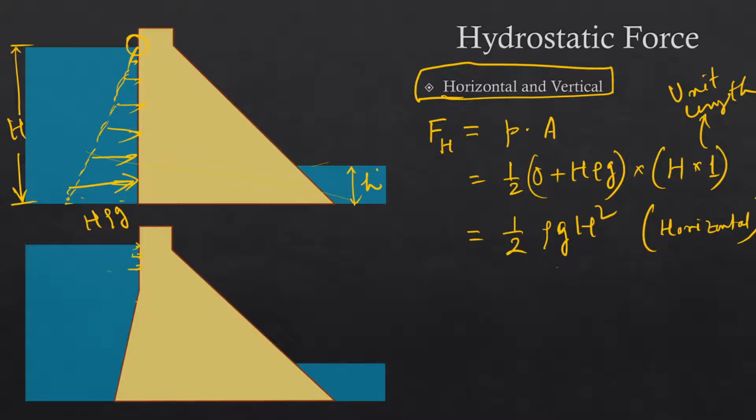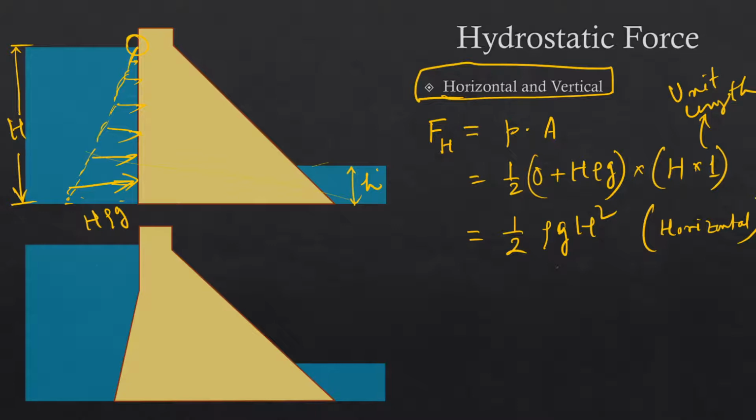It will be like this, the pressure distribution, but on this inclined portion the pressure will be acting normal to that, and therefore its direction will be inclined. But to avoid that complication, what we'll do is we'll simply divide this inclined force into its horizontal and vertical components.